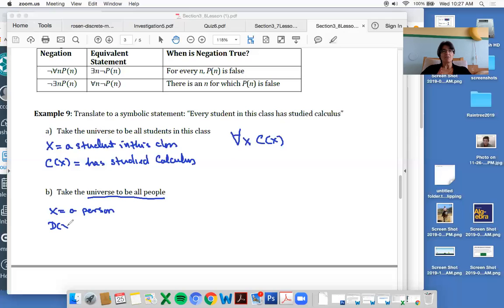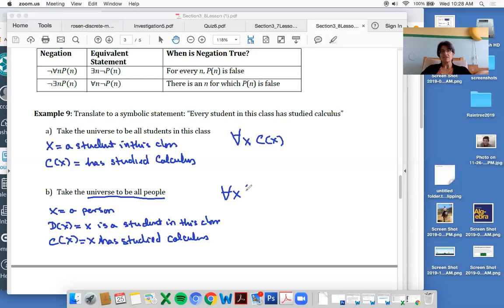We need one proposition that says that x is a student in this class, and the same one as before, that x has studied calculus. So now when we translate every student in this class has studied calculus, we say for every person in the world, and now we have to specify that the person is in this class.